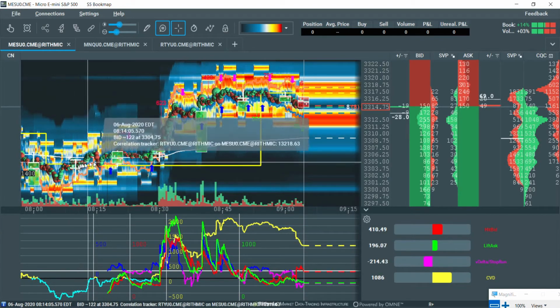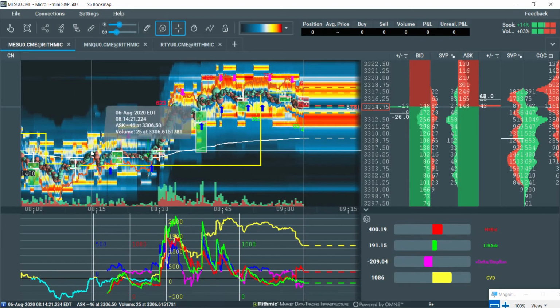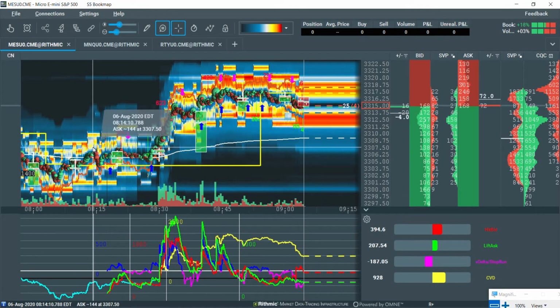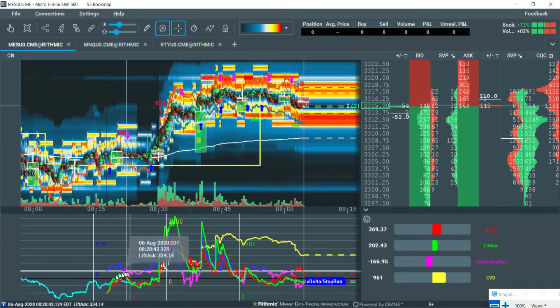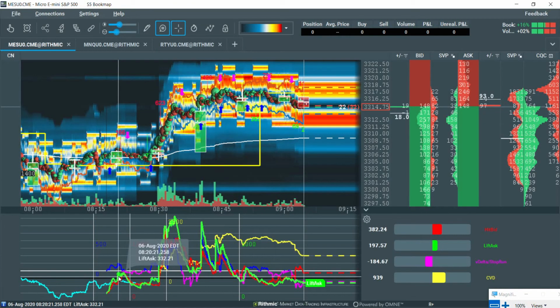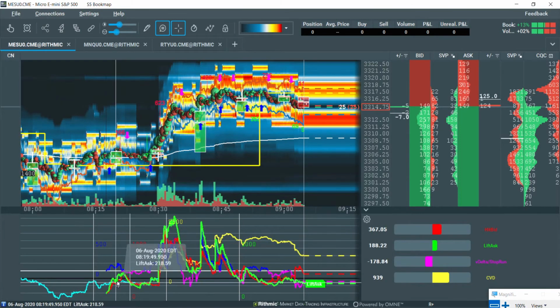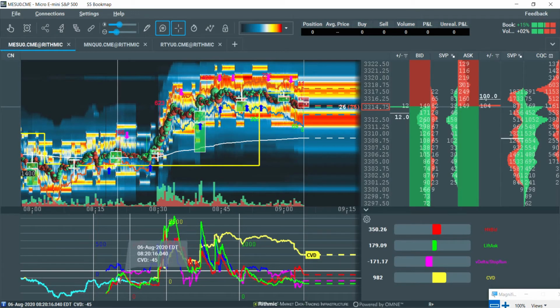Everything starts to correlate and trend up. NASDAQ has been pulling the ES and Russell up the last couple of weeks from what I've seen. So we see over here that the green line is the aggressive buying versus the red line, which is aggressive selling. So buying is definitely starting to overwhelm the selling at around 8:20.